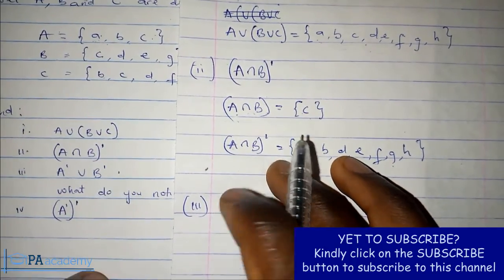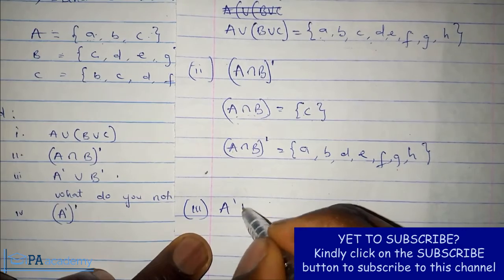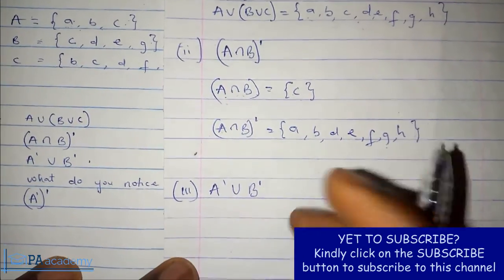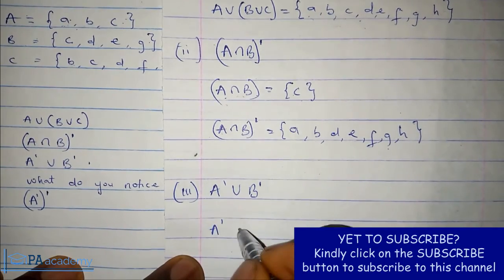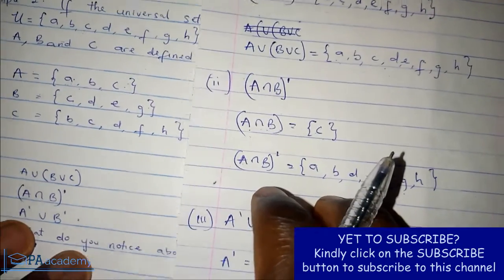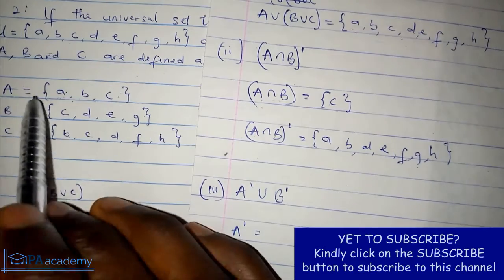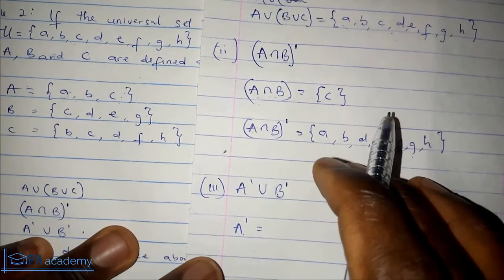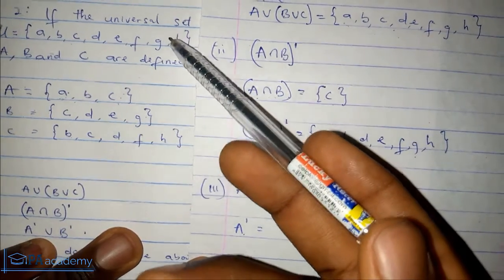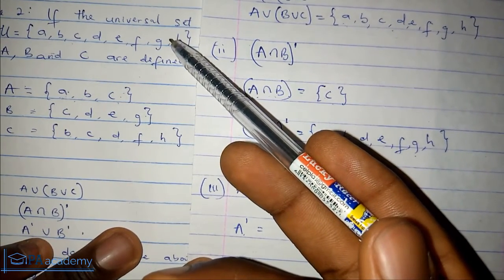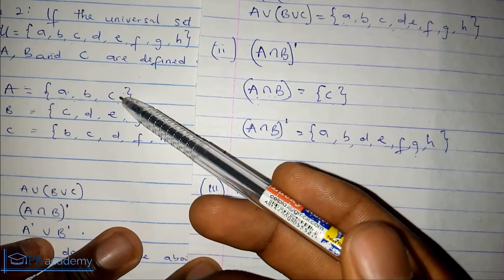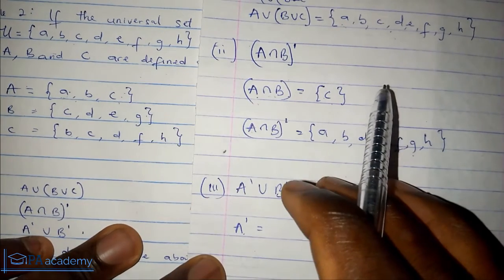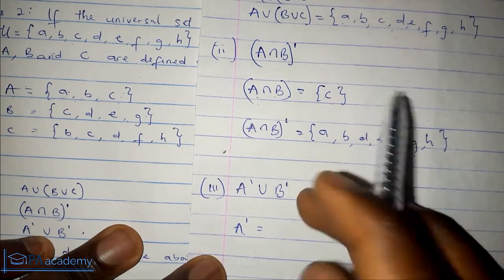For the third one, we are looking for A prime union B prime. The first thing we are going to do here is look for A prime first. The elements for A are A, B, and C. When we are talking about A prime, A prime will be all the elements in the universal set that are not in set A. So what are those elements?